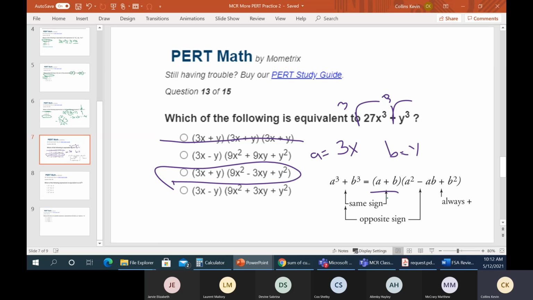So you take the cube root of those guys, you do A plus B. Notice the sign stayed the same here. Then this guy switches, and this guy's always positive. So if we plug the rest of the stuff back in, we should get this guy here. But right at the beginning, we know that it's going to be 3x plus y. So yeah, that's a little bit of an oddball one.